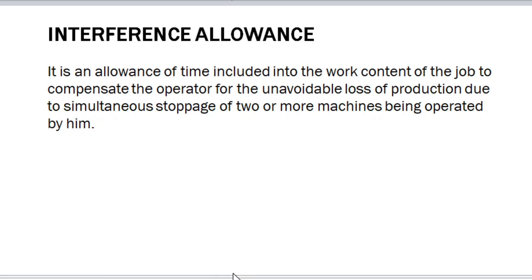Before, we drew the man-machine chart, and there is a tendency that an operator handles 2 to 3 machines. So he should be given an interference allowance in order for him to adjust until he finishes his work.